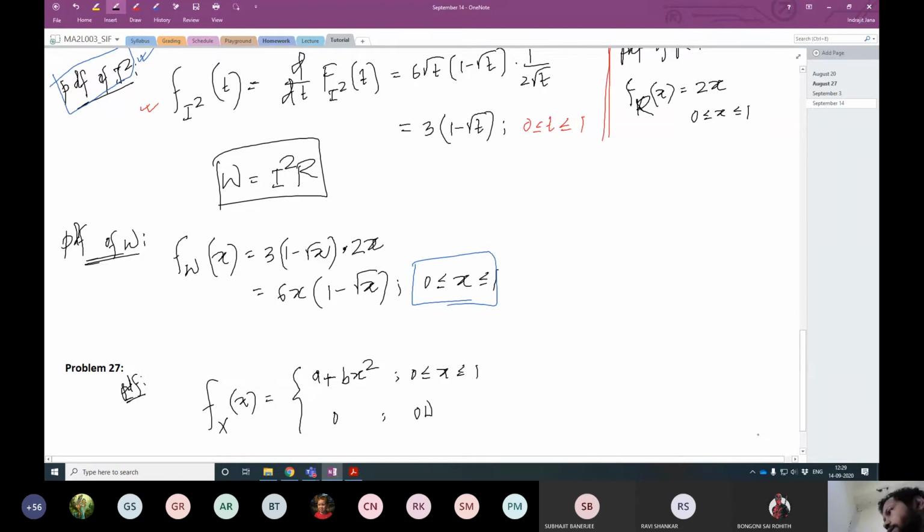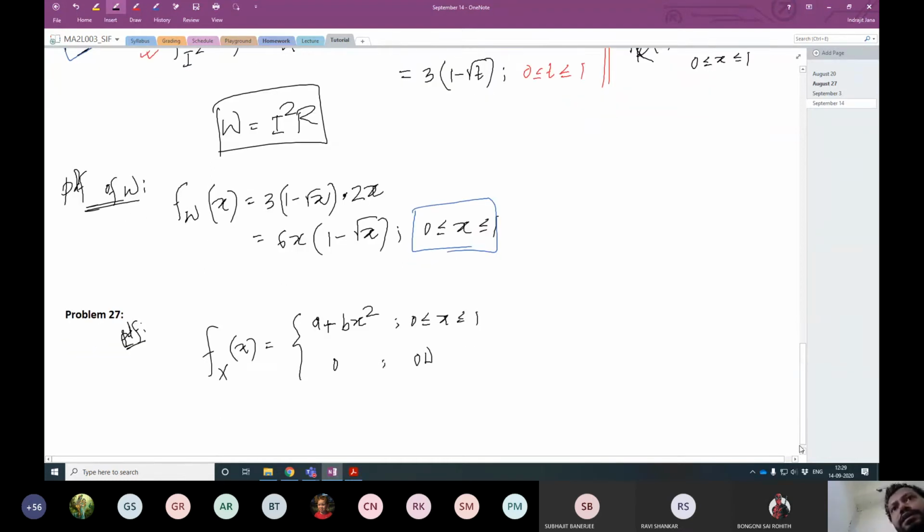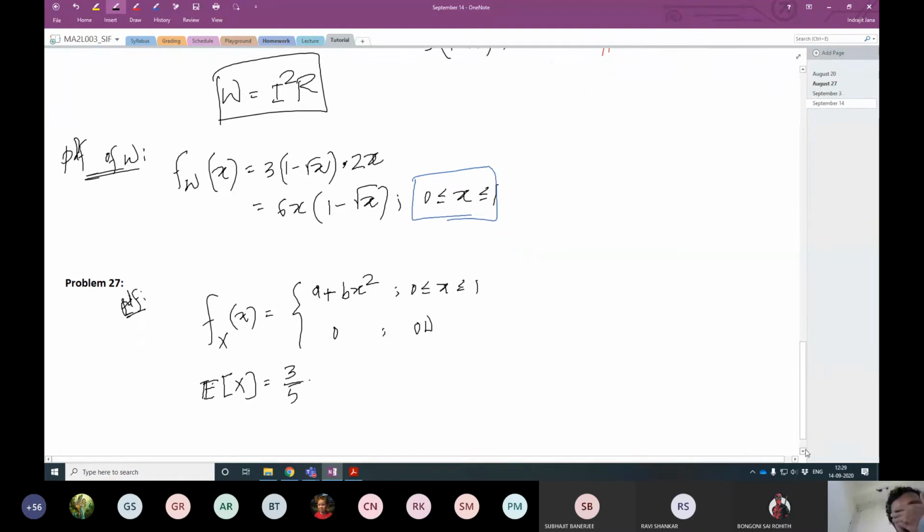It's also given that the expectation of X is equal to 3/5, and you want to find a and b.